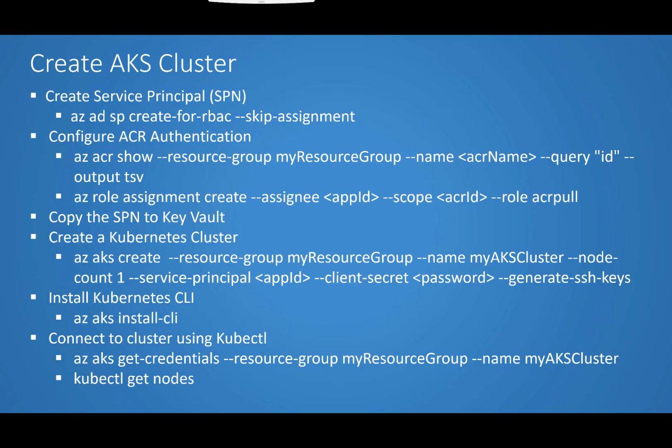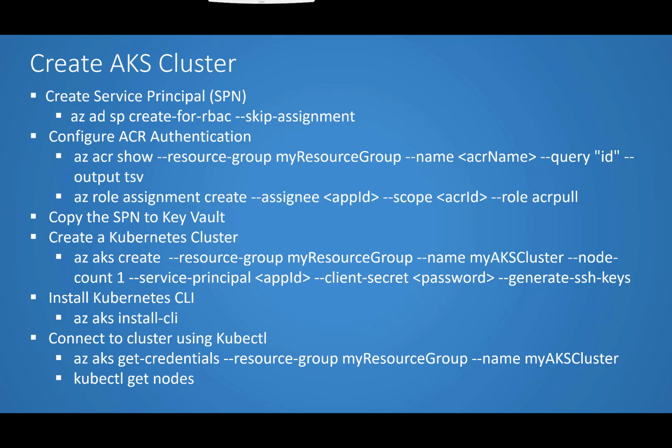Now we're going to create an AKS cluster, and the steps are: first we're going to create a service principal, or SPN. We're going to copy the service principal name, its ID and password, and put them in Key Vault. Then we'll grab it from Key Vault and configure the ACR authentication. Basically, here is what we are doing: the RBAC, the role-based access control, which we talked about.